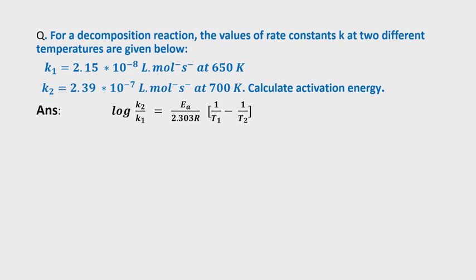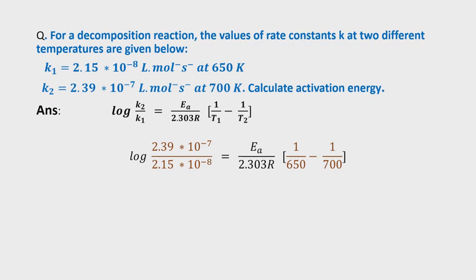Now write the formula. Log K2 by K1 equals Ea by 2.303 R into 1 by T1 minus 1 by T2. Next step, whatever values we have, we are substituting them here.